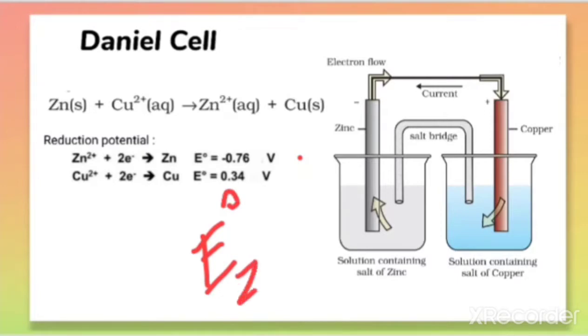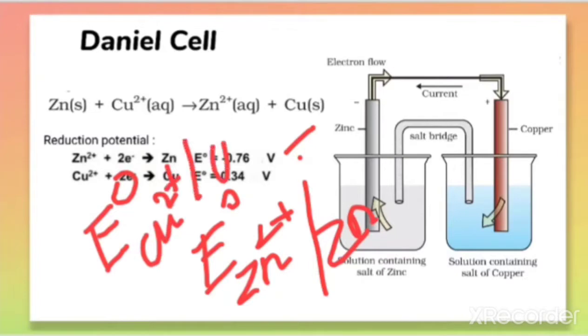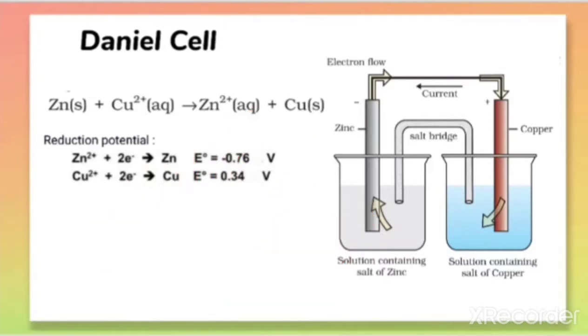The standard reduction potential for zinc, E naught Zn 2 plus bar Zn, is equal to minus 0.76 volt, and the standard reduction potential for copper, E naught Cu 2 plus bar Cu, is equal to plus 0.34 volt. So these are the reduction potential values in the standard condition.